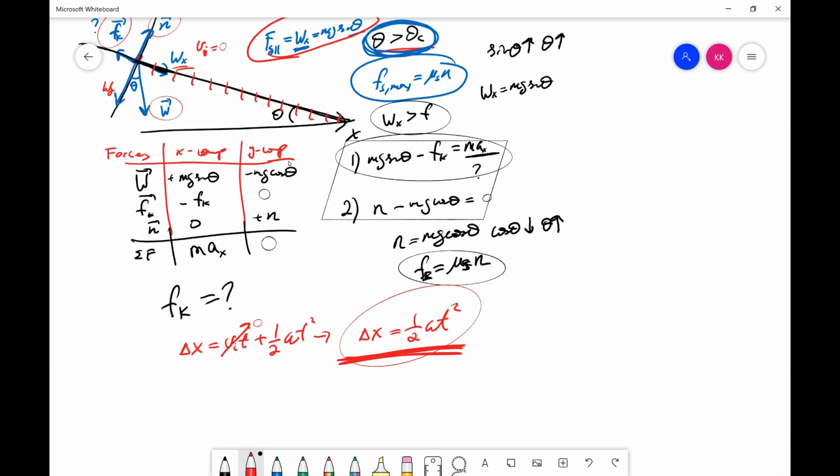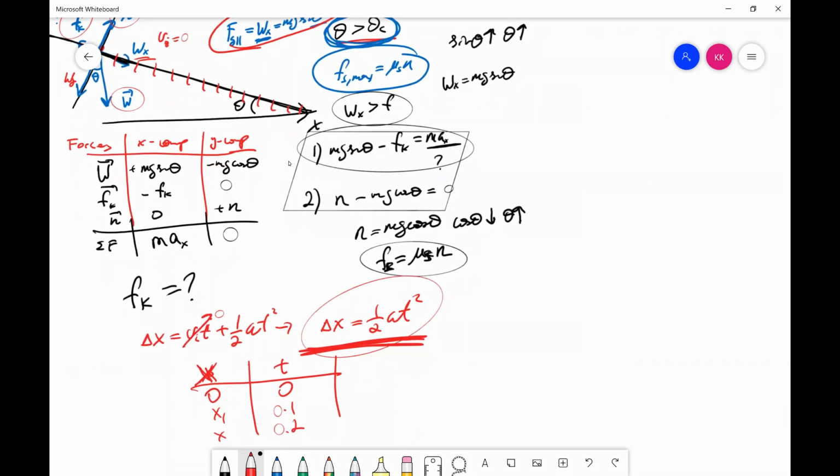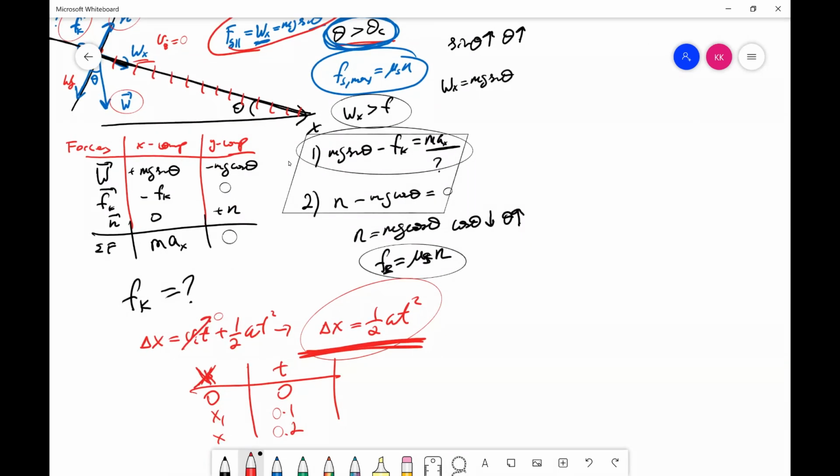So what do you guys think? Let's say I have data where I measure x as a function of time. When this is 0, this is 0. When this is 0.1, this is some x1. This is 0.2, this is x2, and things like that. How did we use that information? Who remembers?